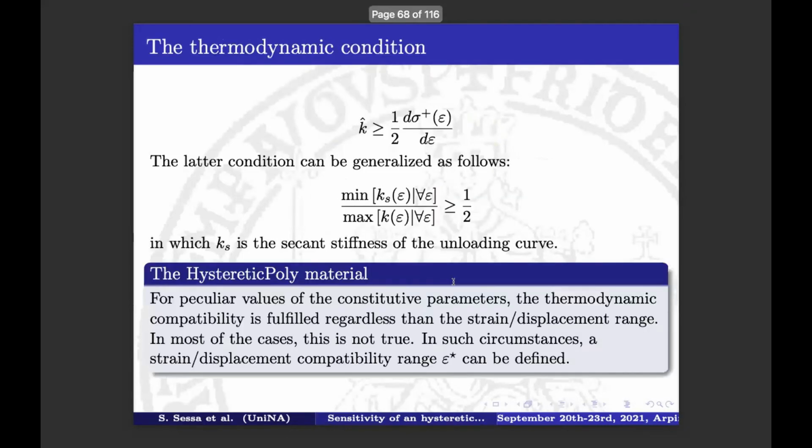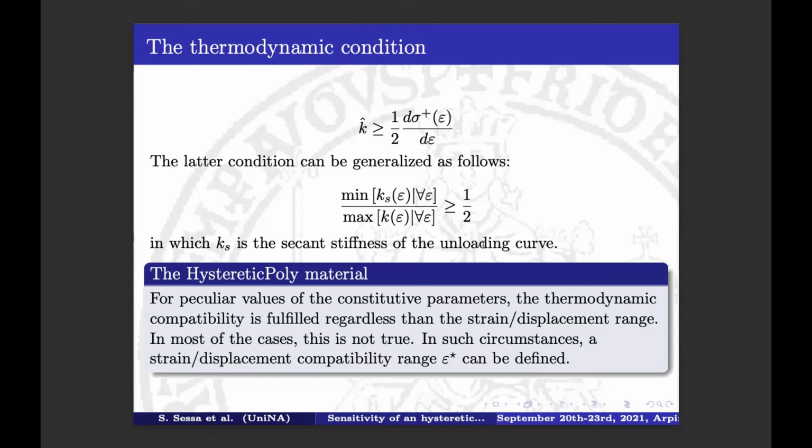We get this condition here, a general-purpose conservative condition about the thermodynamic compatibility of the material. It consists in checking that the minimum of the secant stiffness over the maximum of the tangent stiffness is greater than 0.5.